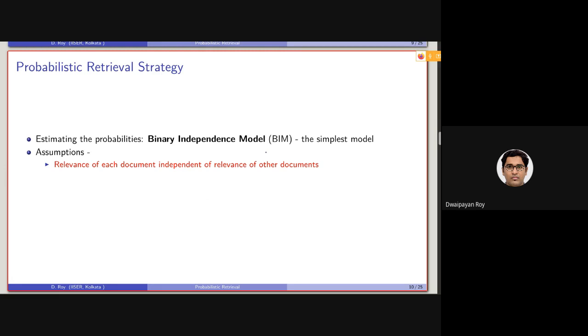This model assumes that the relevance of each document is independent of the relevance of other documents, which is not actually true. Why? Let's say we are given 3 documents as output: D1, D2 and D3, and say D2 is a duplicate of D1.